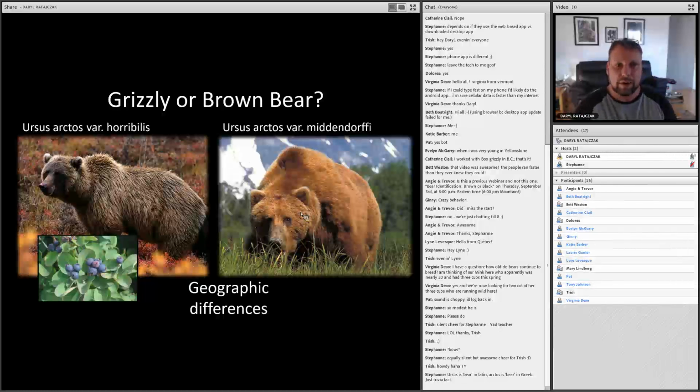So they're in the American Rocky Mountains as well as the Canadian Rockies. And so they're not found so much along the coast. The brown bears that are found along the coast are what we call those Alaskan brown bears.